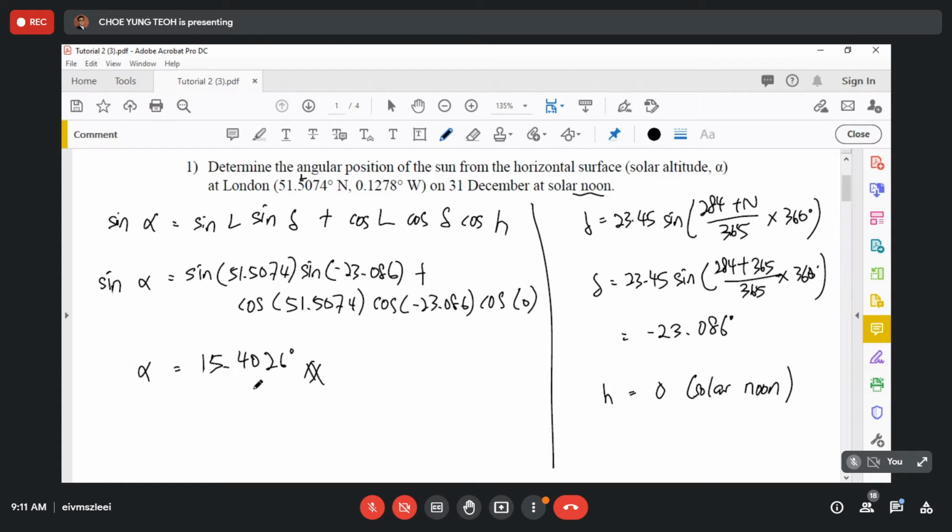In Malaysia, at solar noon, alpha will be near 90, maybe 80-something or at least 70-something. But in London, because the location is very far north from the equator, even at solar noon alpha is very small. That means they will not receive much sunlight even at solar noon. But this is winter, 31st of December, that's why it is only 15.4026.